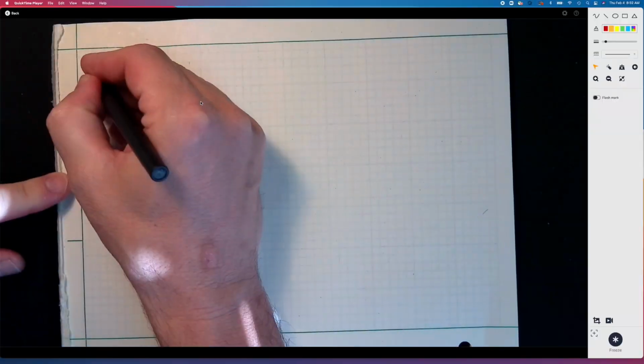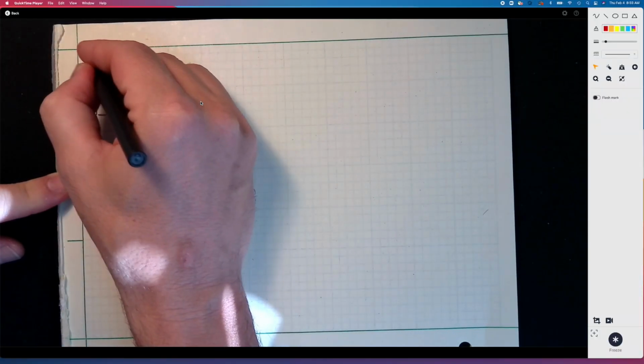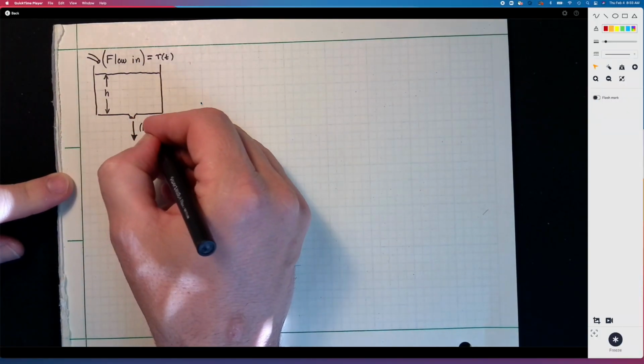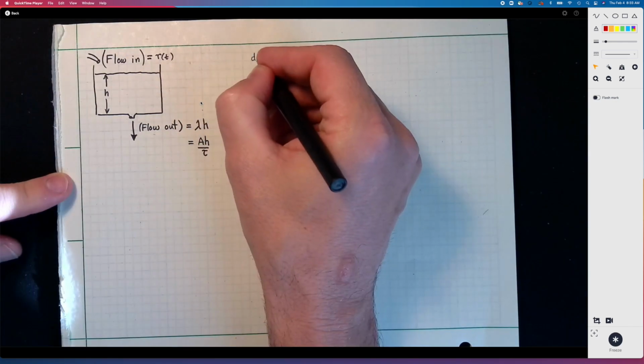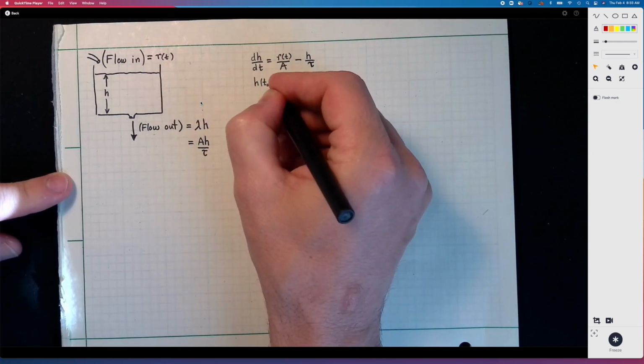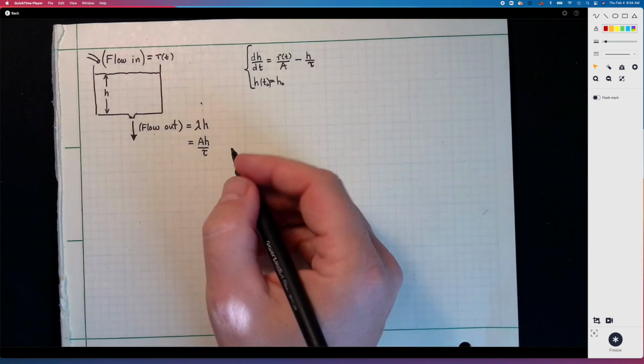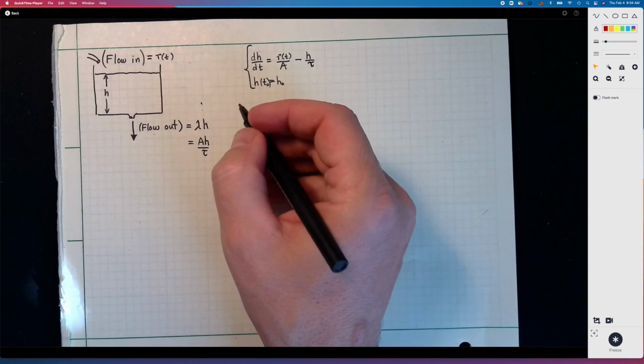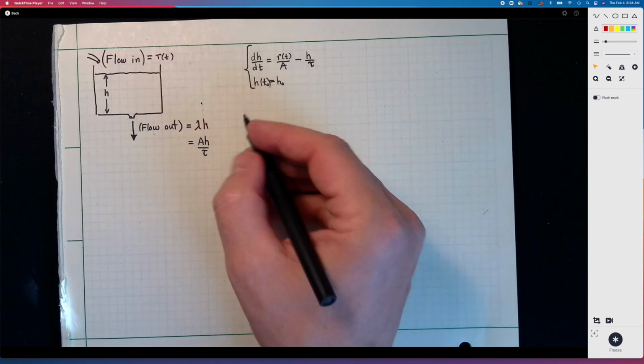I want to talk a bit more about the form of the solution that we derived last time for the tank filling problem. So the solution that we derived is the following.